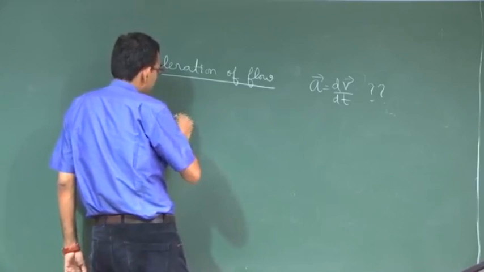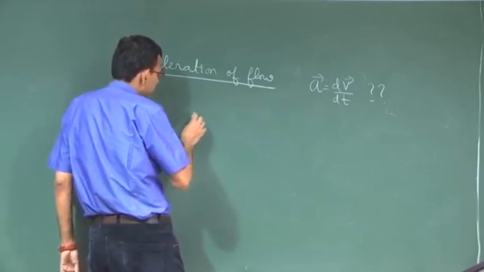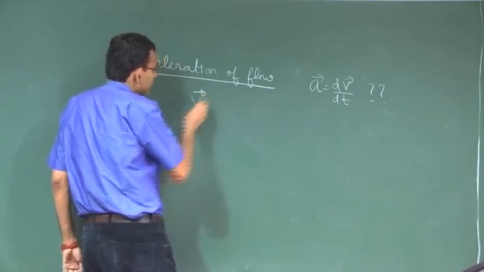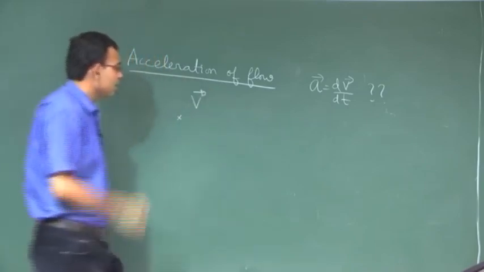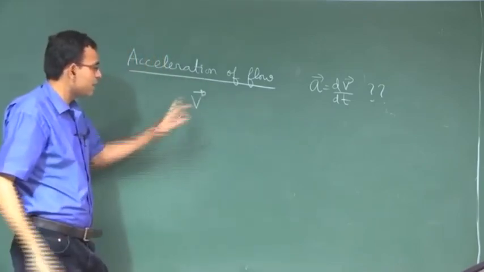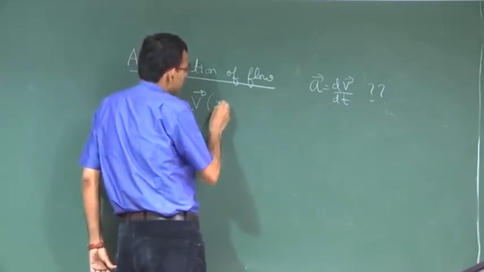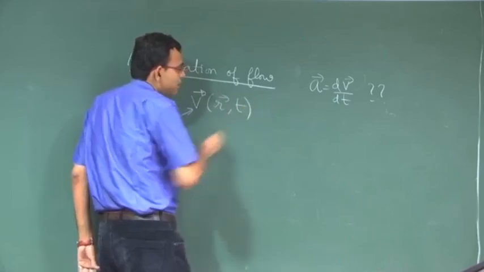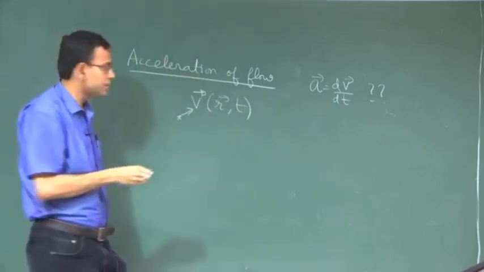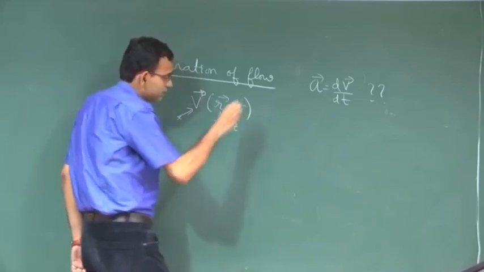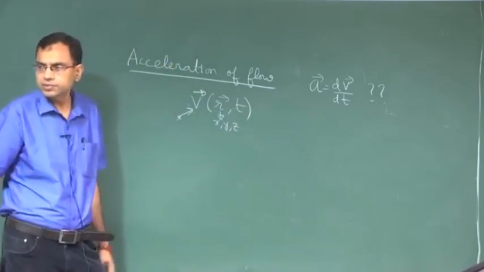So, imagine that there is a particle which at this point has velocity v, which is a function of the position and time t. This is the Eulerian description. So, this includes x, y, z, say in a Cartesian description.